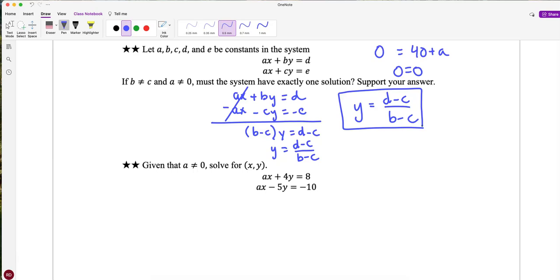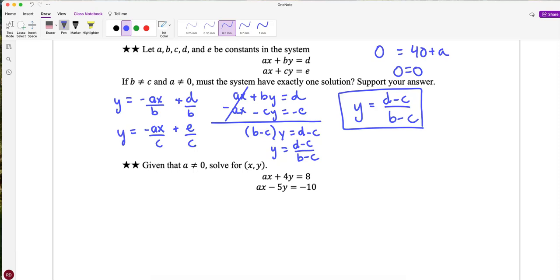The other way to think about this is to think about the first equation: y is equal to negative ax plus d, all of that over b. In the second equation, y is equal to negative ax plus e, all of that over c.